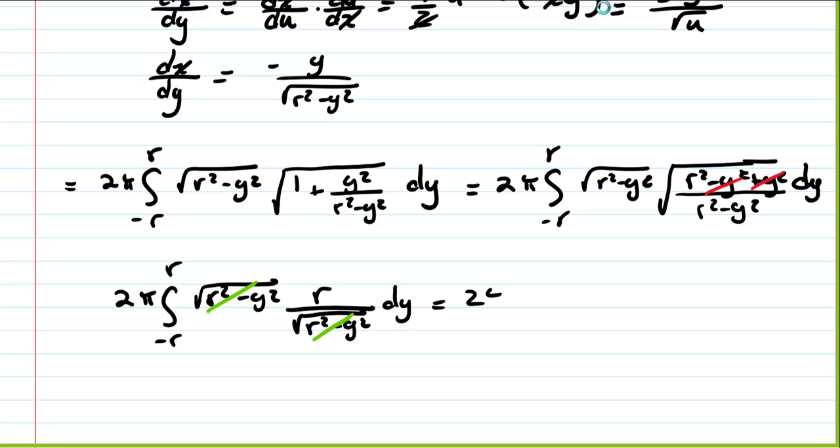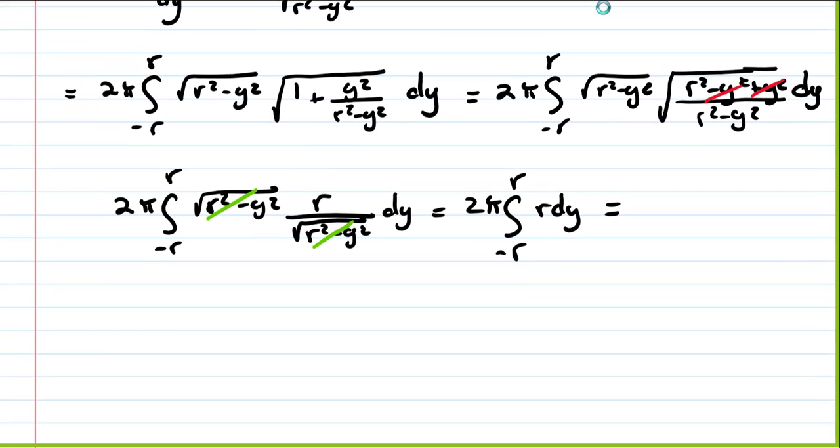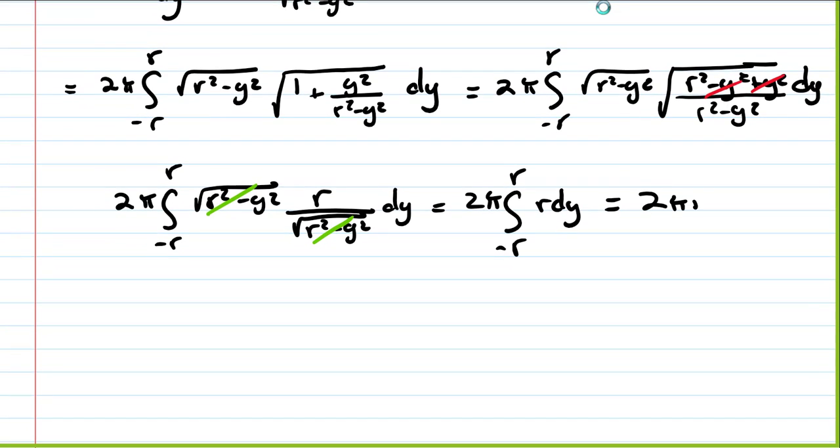leaving us with 2 pi times the integral from negative r to r of r dy, but r is a constant. So we get our antiderivative is 2 pi r y, evaluated from negative r to r. So that gives us 2 pi r times r minus a minus r.